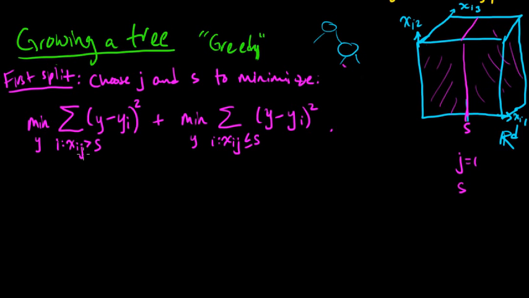Right? So for any given j and s, this quantity is well defined. And we can do this efficiently because j only goes from 1 to d, and for each j there are of course infinitely many possible real numbers s that we could split this dimension along.